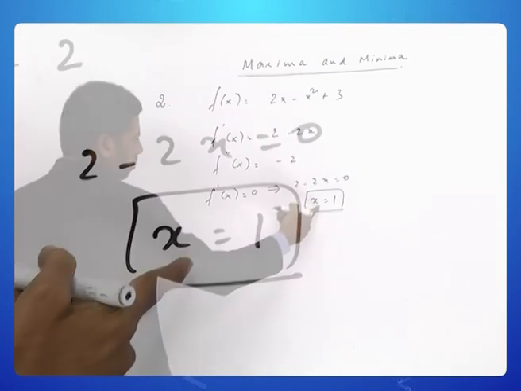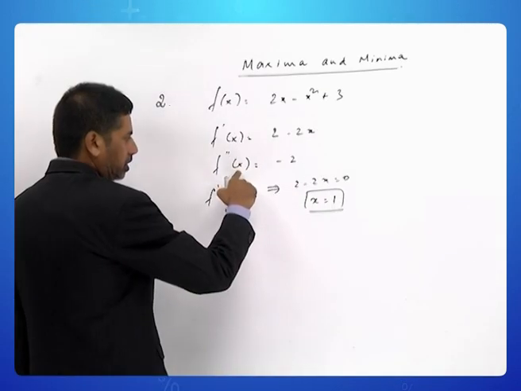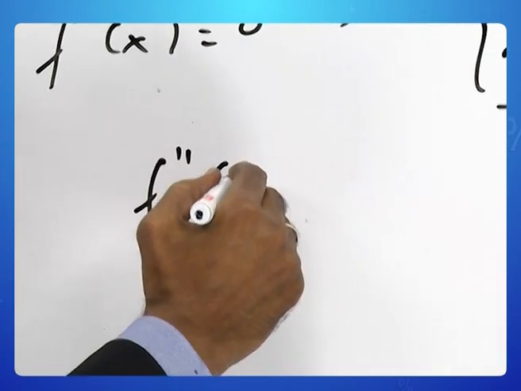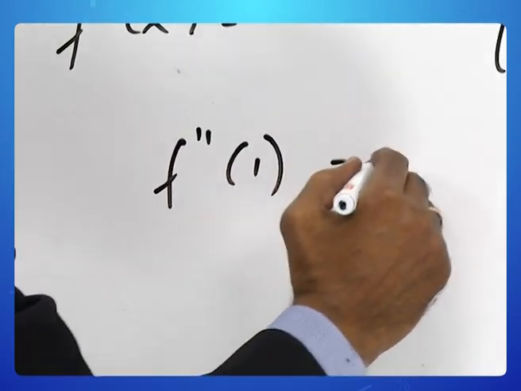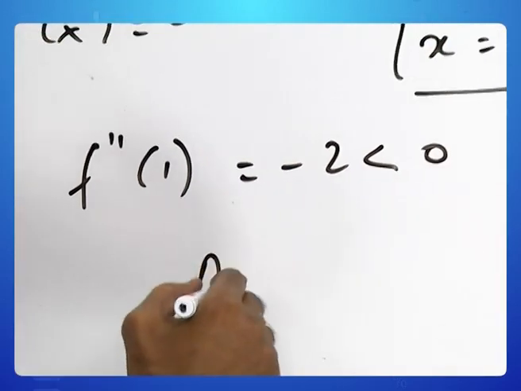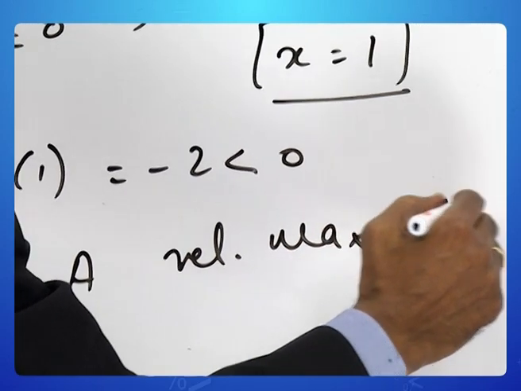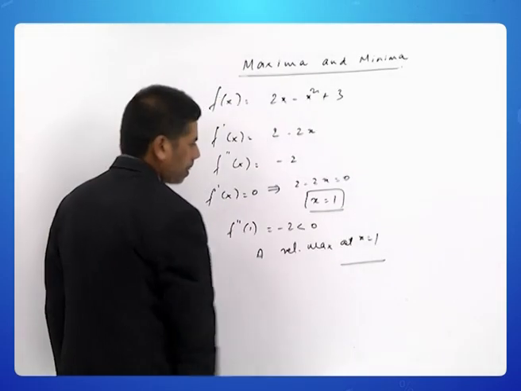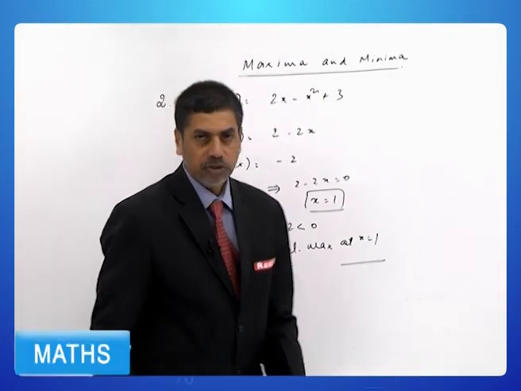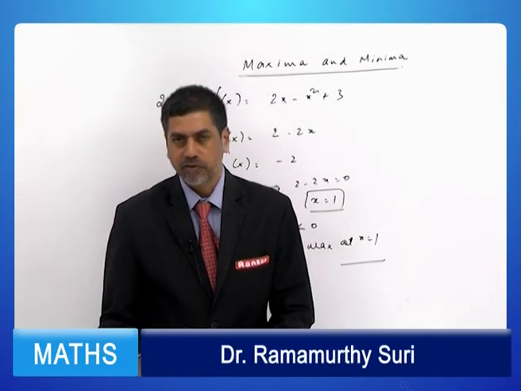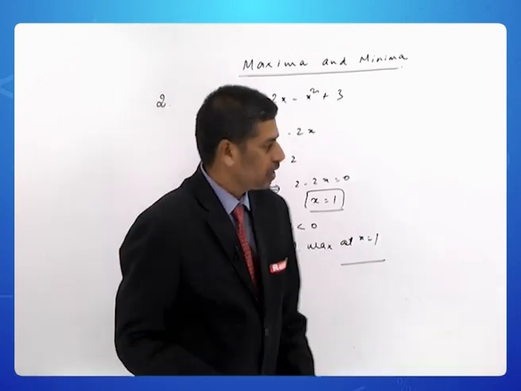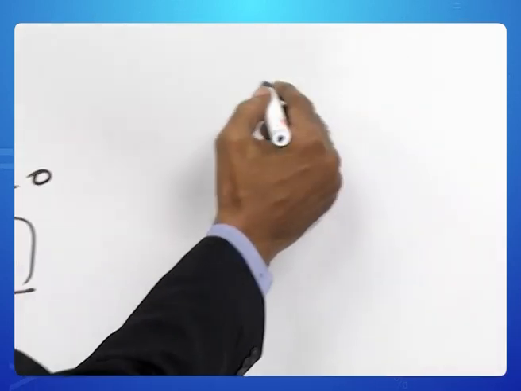And you can actually see, even without substituting x is equal to 1 here, f double dash 1 will be negative. So a relative maximum at x is equal to 1. The option ends with only identifying whether there is a maximum or minimum. So you can clearly see option C is correct for this problem.